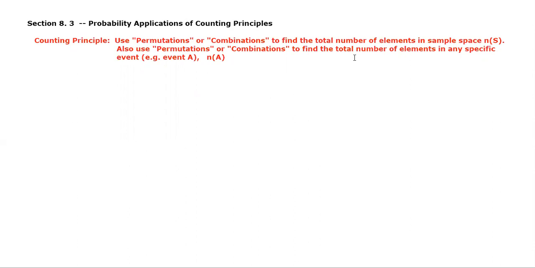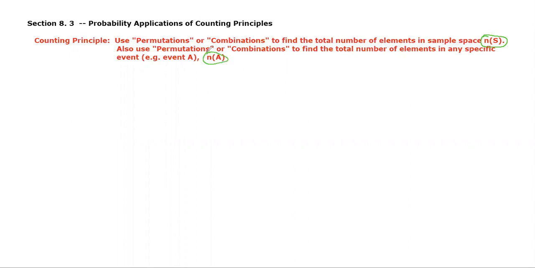So first you use the counting principle to find the total number of the sample space. And when you define certain events, you can also use permutations or combinations to find how many elements are inside that event.